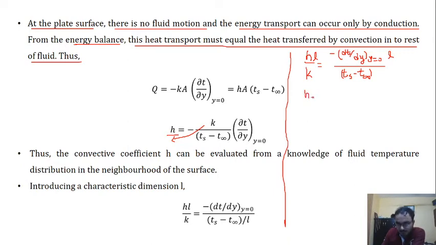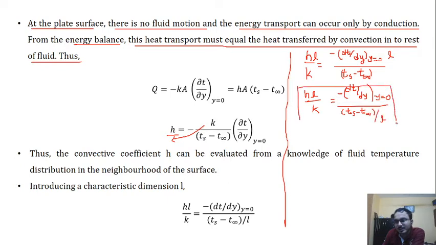So hL by k is equal to minus dT over dy at y equal to 0, divided by Ts minus T infinity over L. And if you see, the same formula is written over here also.